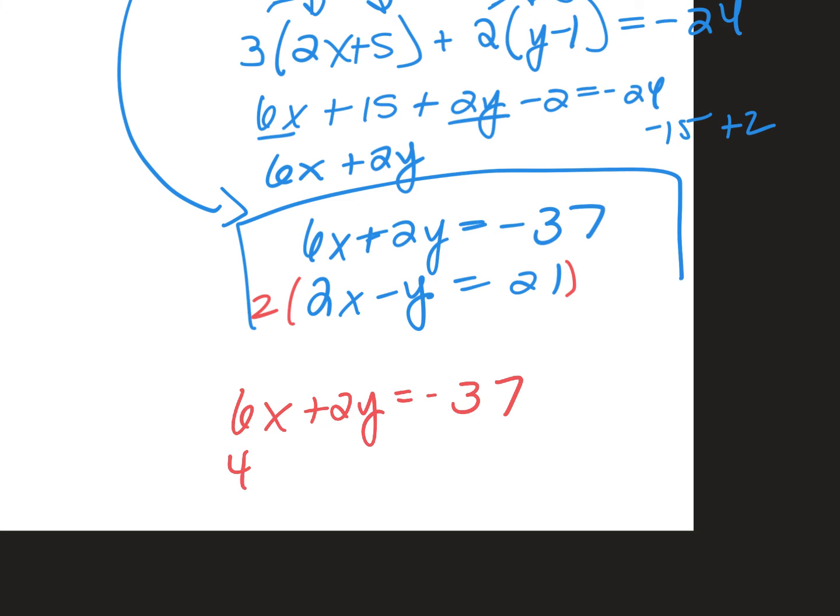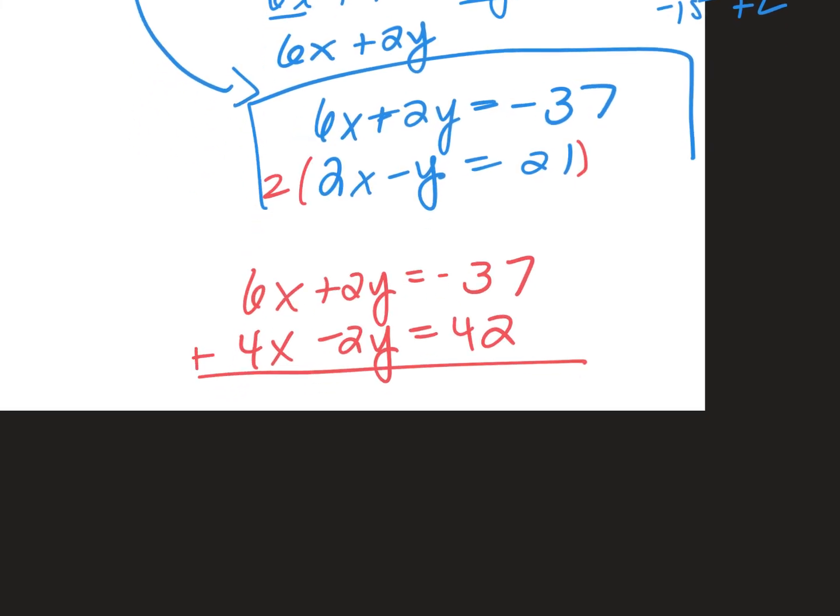And then on the bottom I have 4x minus 2y equals 2 times 21, which is 42. So 6x plus 4x is 10x. Negative 2y and positive 2y cancel. And then I have negative 37 plus 42 equals 5.